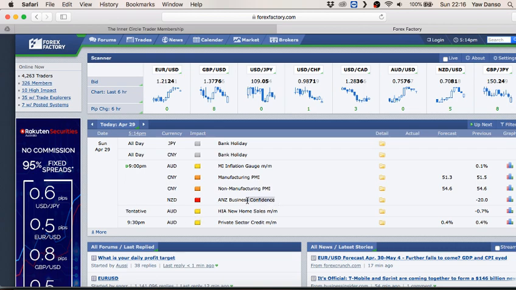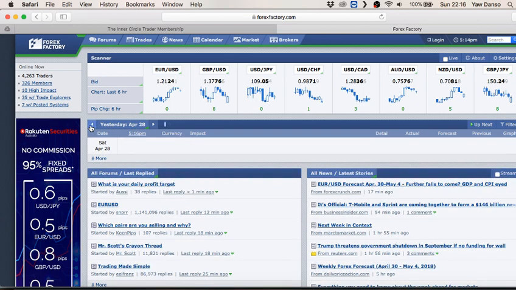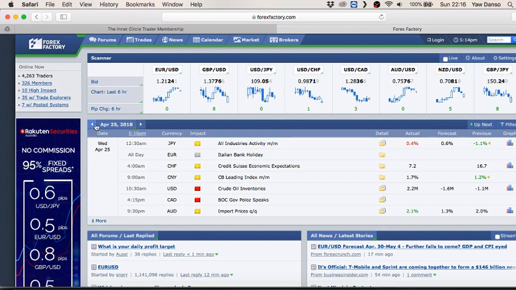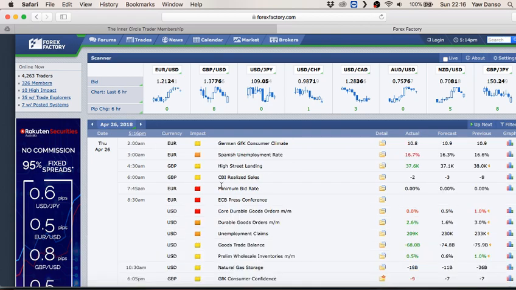So if the forecast is bigger than the previous, my mindset is that I'm going to buy it. When the actual one comes out and is bigger than the forecast, then it gives you a confirmation. So let me show you last week, Friday.